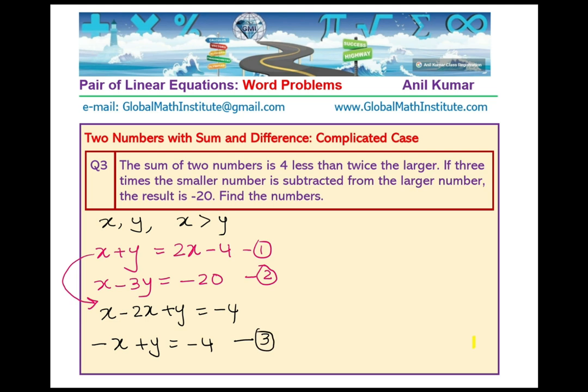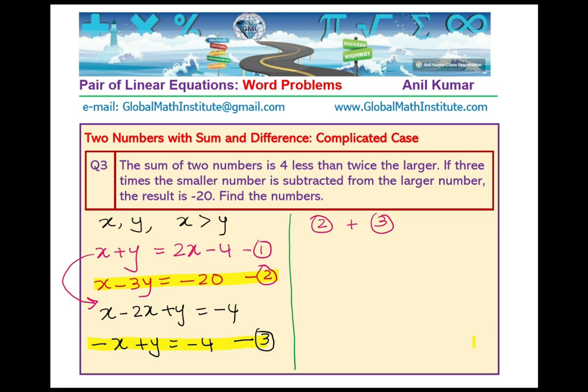Now you see, you can actually easily solve this particular problem using these two equations. You can use the method that is good for you, elimination. If you are going to add them, x and minus x will cancel. So that is how we decide which method to be used. So we will do the elimination method. So we are going to add equation 2 with equation 3.